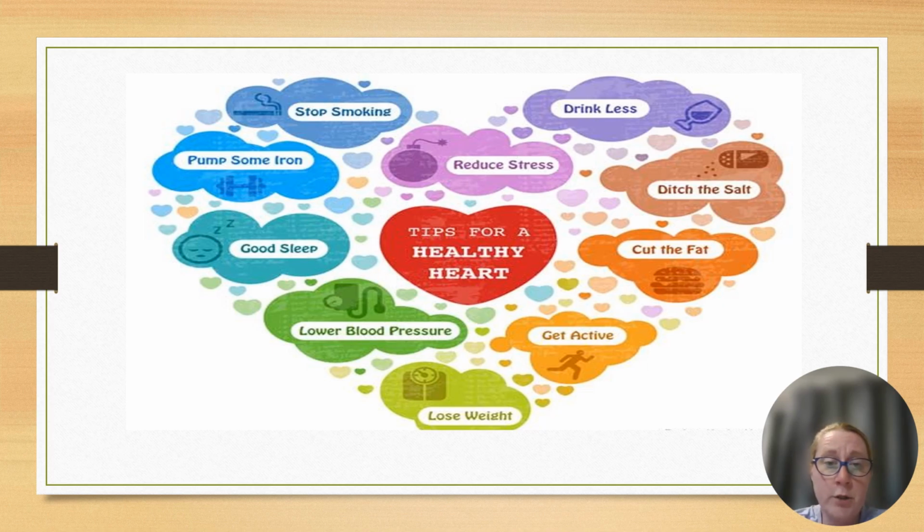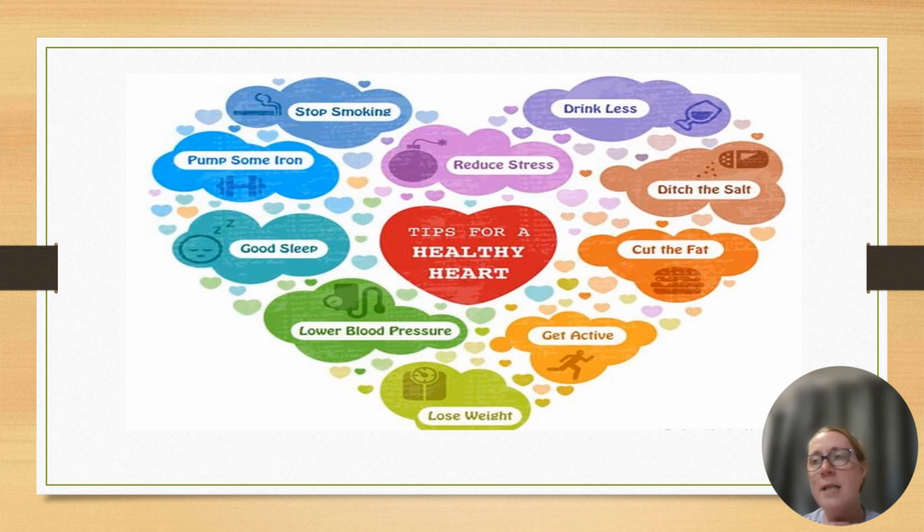Lower the blood pressure. So, of course, medications are going to come into play here, but some of the biggest ways we can lower our blood pressure naturally are exercising, both cardio and weight resistance. And we can do things like yoga and meditation. And then, of course, reducing the sodium and eating a proper diet. And then getting some good sleep.